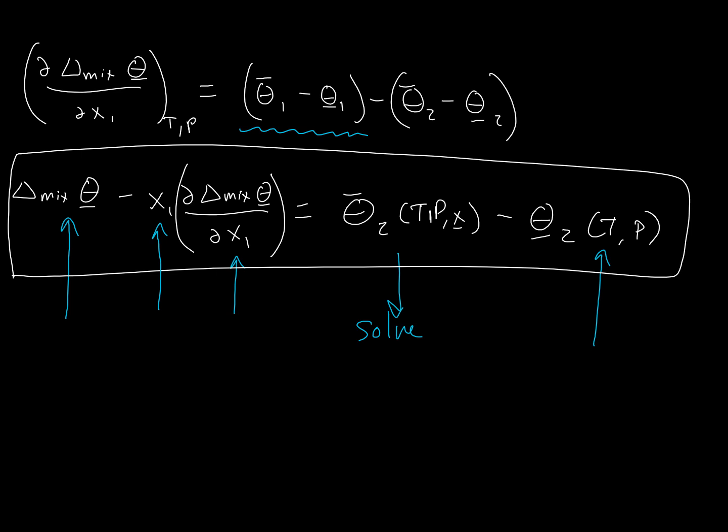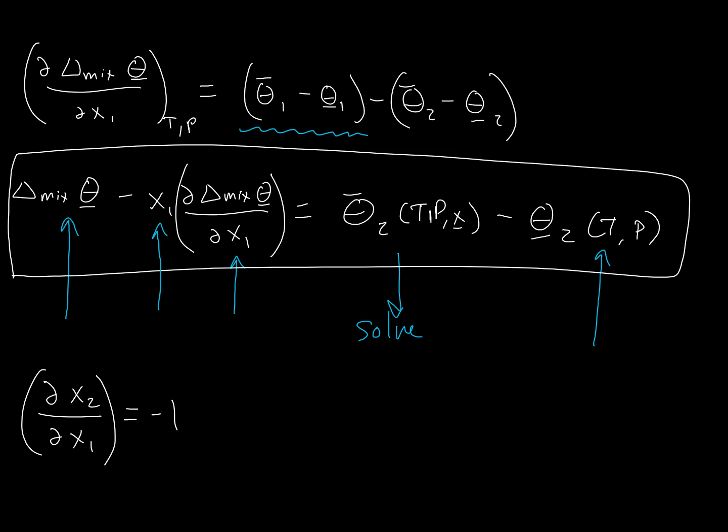So now we will have an equation for the overbar properties in our system. And of course, we can do exactly the same procedure for theta over bar of 1, but we just have to basically flip the x's and things like that. But the other trick here is that dx2 over dx1 is equal to -1.